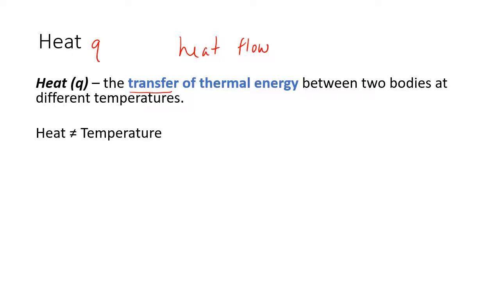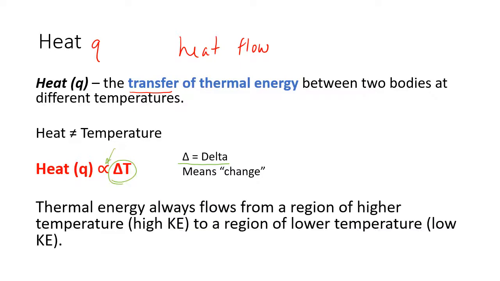Heat is not the same thing as temperature, but we can use temperature in order to get at heat. Heat is directly proportional to the temperature of something. If you see the capital delta, this is a Greek letter and it means the word change. So our heat is proportional to our temperature changes.